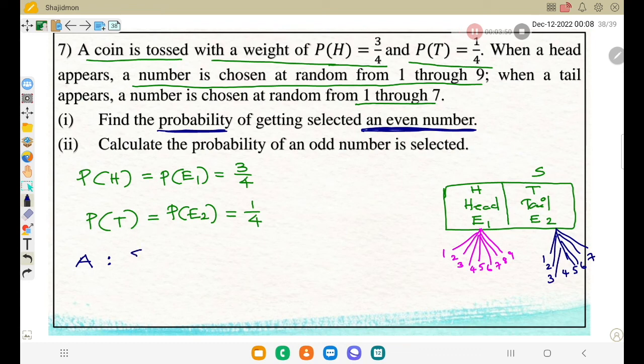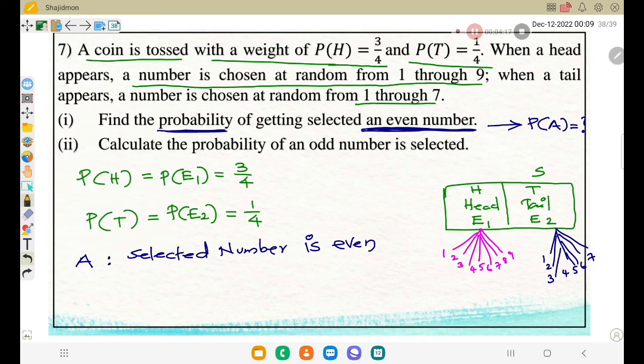The selected number is even, that is the event A. So we need to calculate the probability of A, the selected number being even.